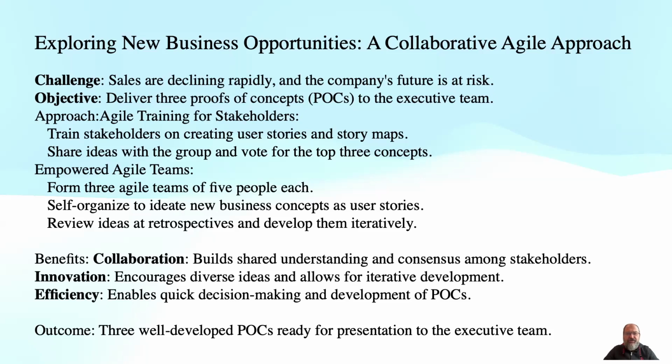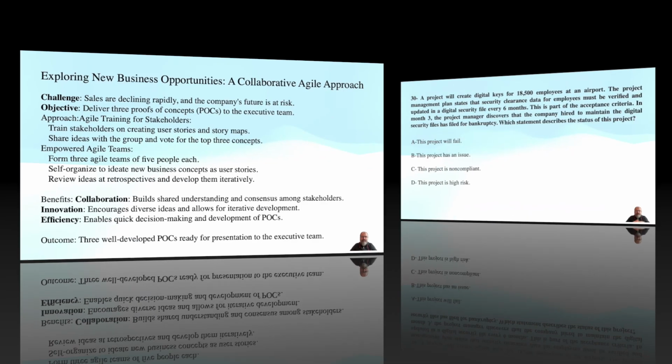This example illustrates how agile principles can be applied in a real-world scenario to drive business success. As project managers, it is important to consider the unique needs of your project and stakeholders and adapt your approach accordingly to achieve the best outcomes.